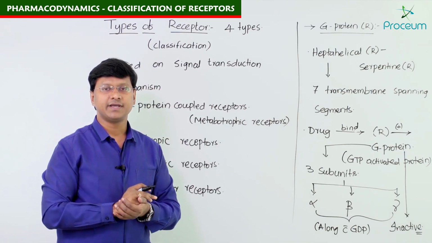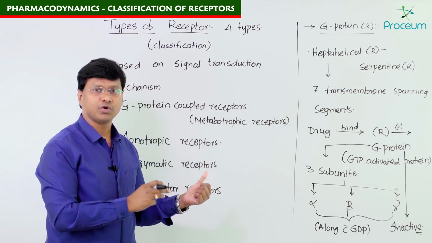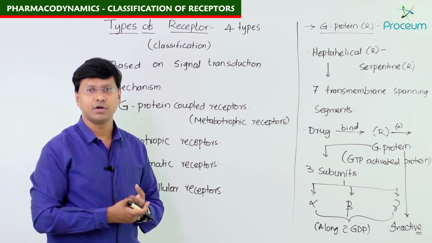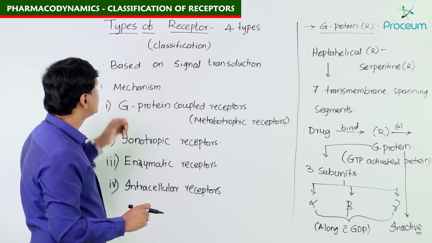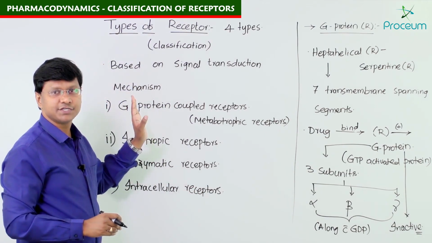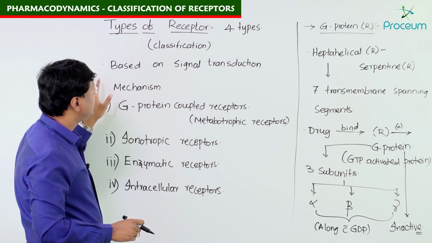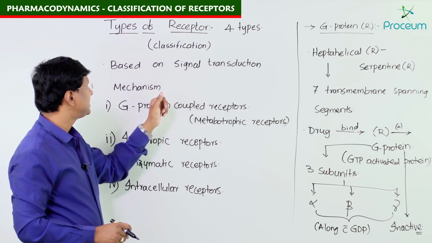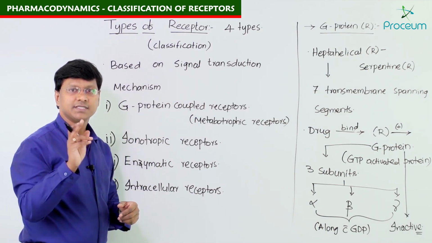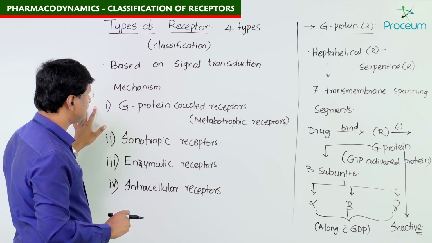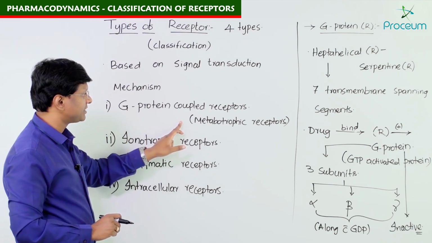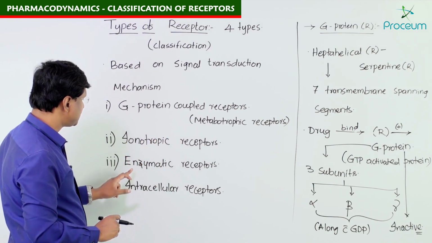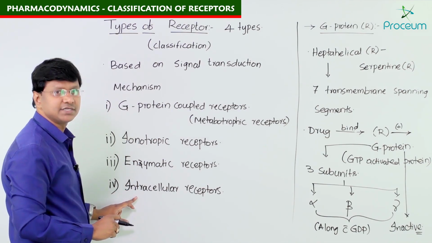Let me shortly revise what we have discussed until now before moving on. We are discussing the classification of receptors. These receptors are of 4 types based on the signal transduction mechanism: the G protein coupled receptors, which are also called metabotropic receptors, inotropic receptors, enzymatic receptors and intracellular receptors.